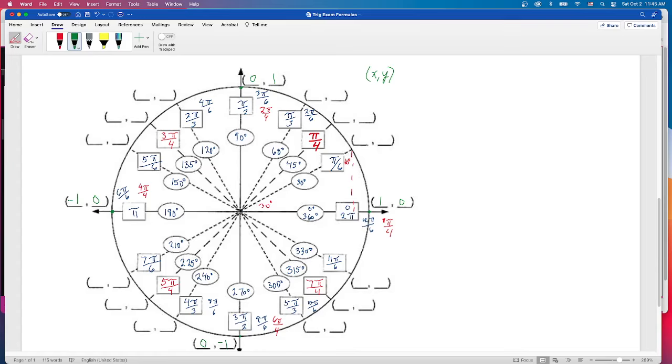They're legs of the triangle. And remember, the x-coordinate is one of the legs, the y-coordinate is the other. So since we're dealing with 2 legs, just remember every one of these exact coordinates is going to be a half. They're going to be just one of the legs, not both of the legs.